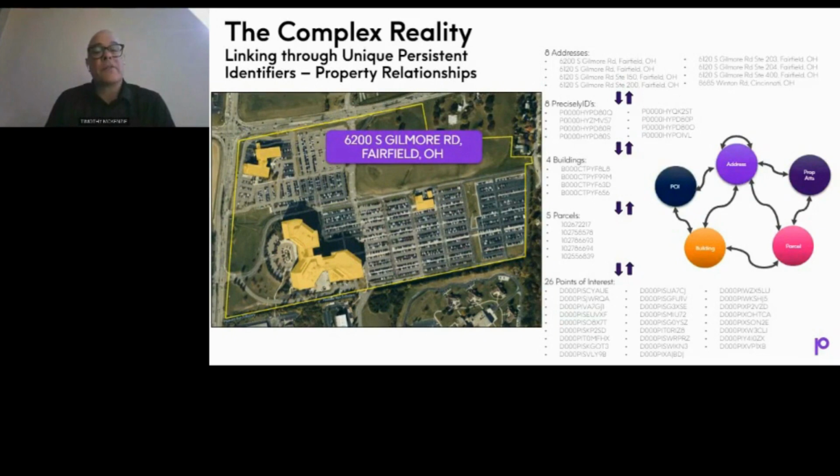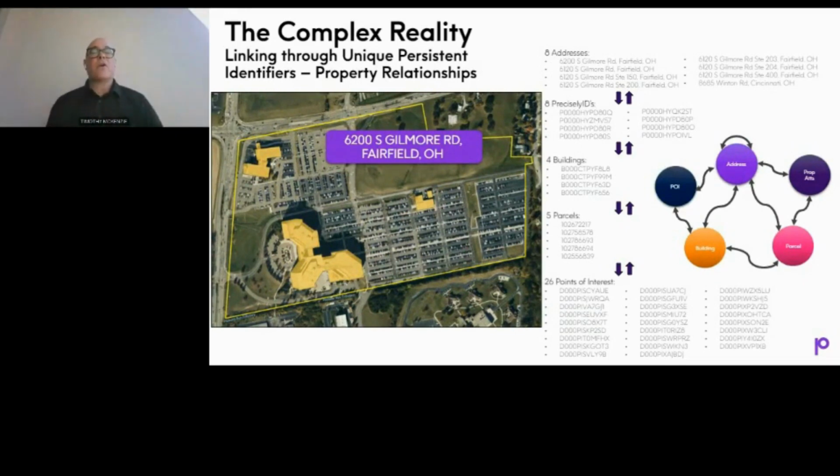And then we see points of interest. Points of interest could be anything from an ATM inside of a building to the actual owner or operator of that building, the management company, to all of the lessees inside of it. Each of these 26 points of interest has 85 fields that describe the business at each of those IDs, what they do as a business, how many employees they have at that location, what their ownership structure is, whether they are a standalone business or have some relationship to a holding company or a larger financial entity.